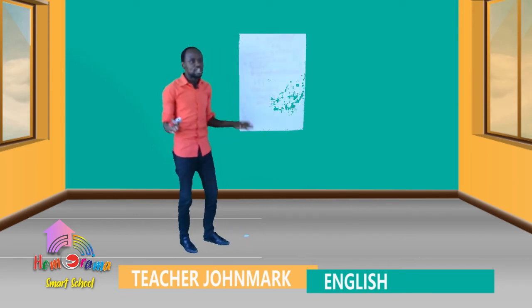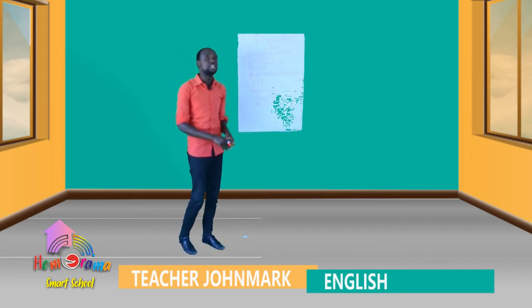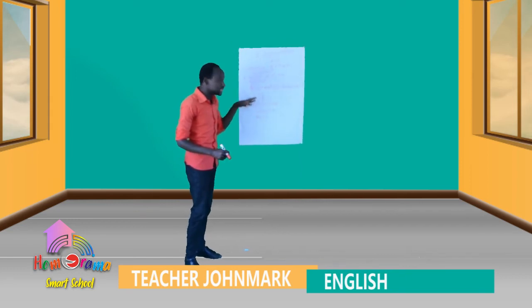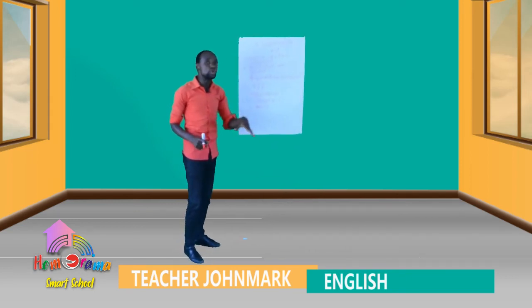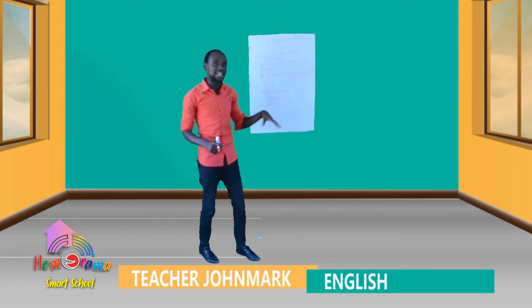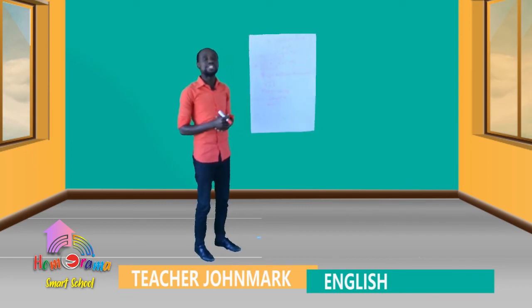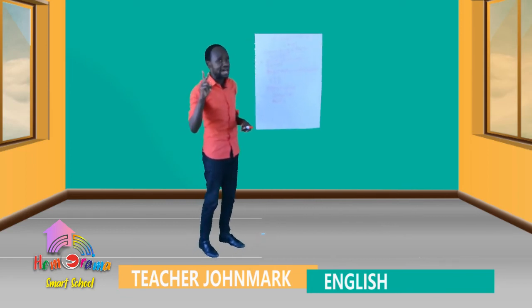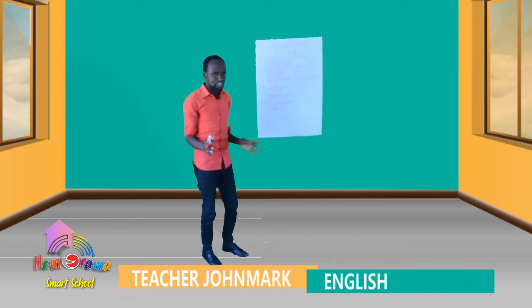That will be very wrong. Anytime we are talking about pairs, we use the comparative adjectives and not the superlative adjectives. So instead, we say of the two twins, Jane is the taller. We do not say tallest, but taller. So when we talk about pairs, we use comparative adjectives.